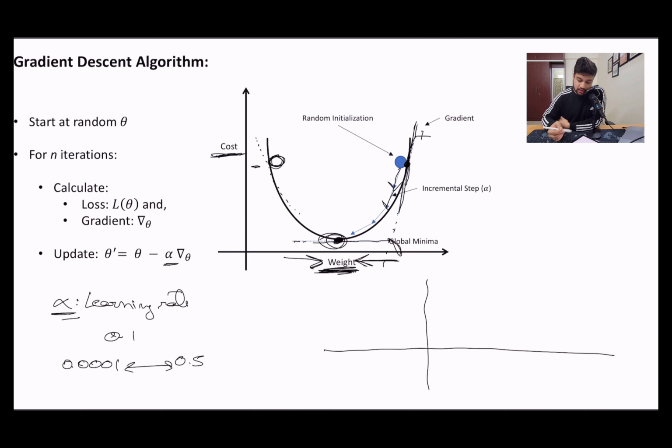So this is the exact equation that we used in linear regression. So what gradient descent is saying is that your new parameter value is equal to the old parameter value minus the learning rate into the gradient of your loss function at that particular value, or for that particular parameter.